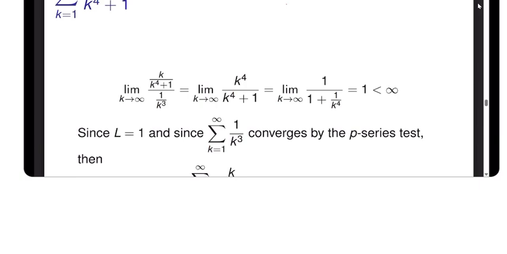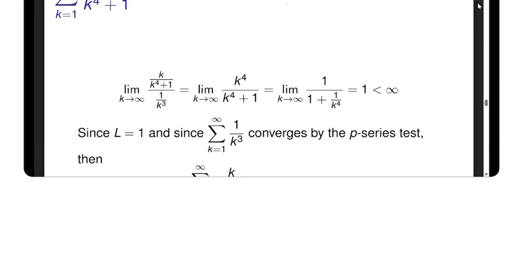Let me also say this. Why do we move from comparison test to limit comparison test? At times this is what happens. In the comparison test, what we normally do is identify a simpler version, and after getting a simpler version, if one converges, we conclude that the other one converges.